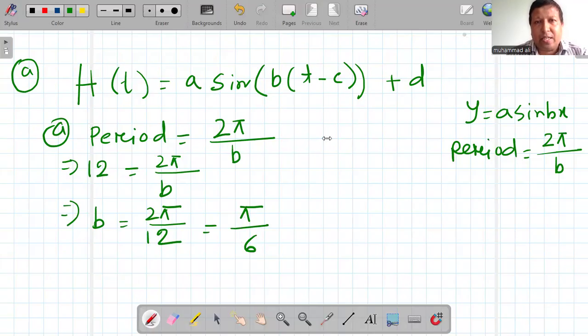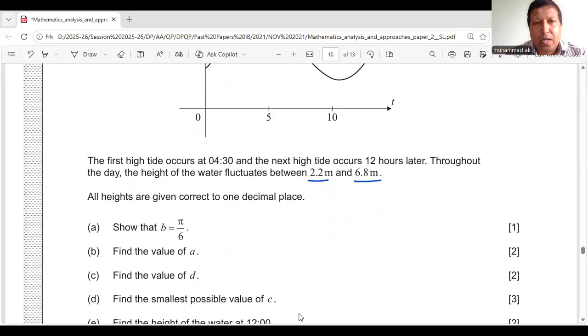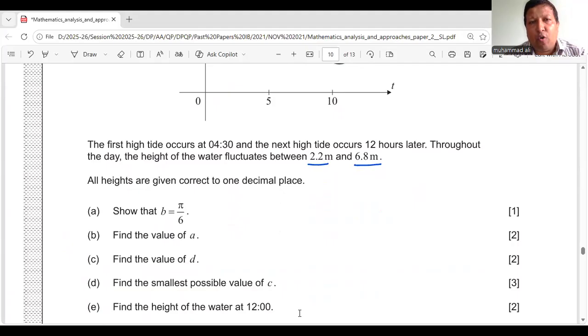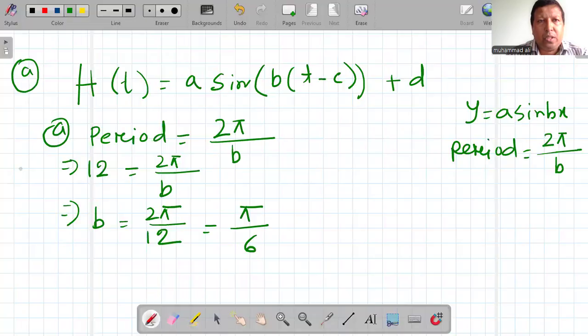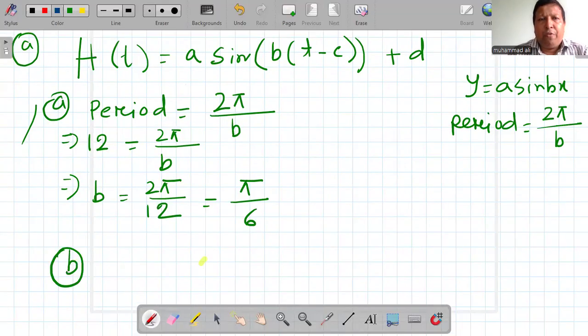Now the second part: find the value of a and find the value of d. The value of a is the amplitude.